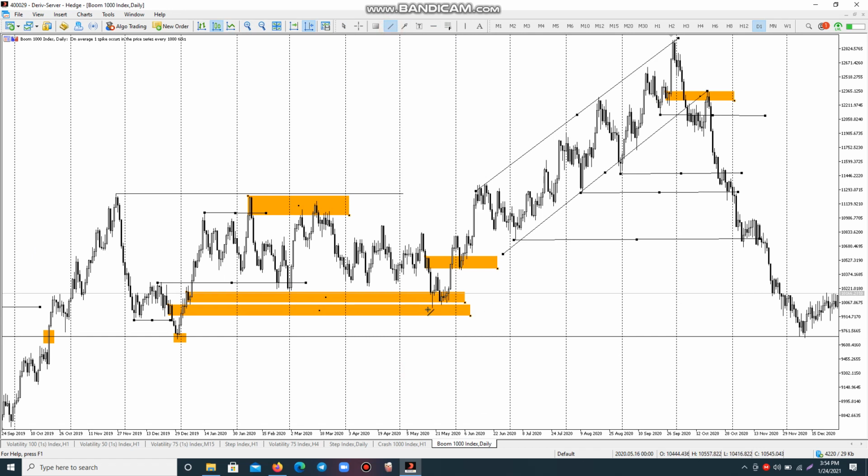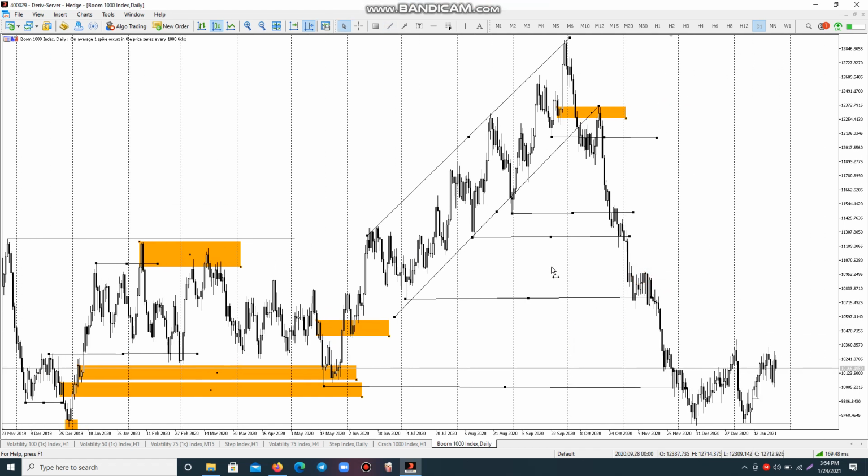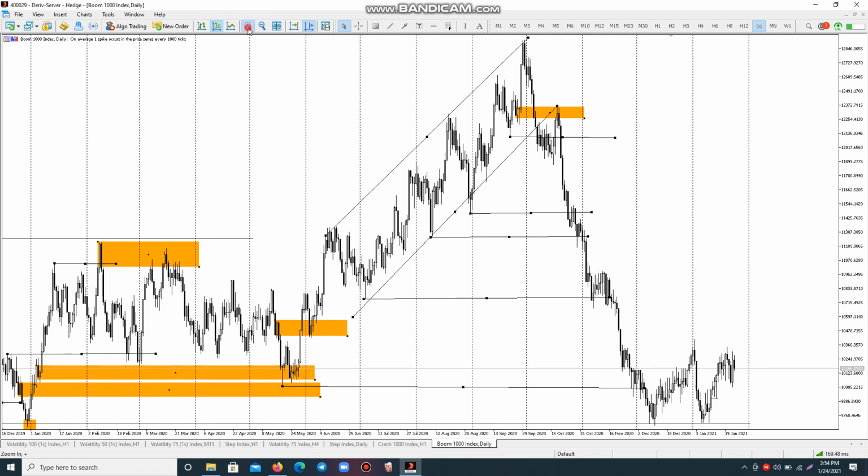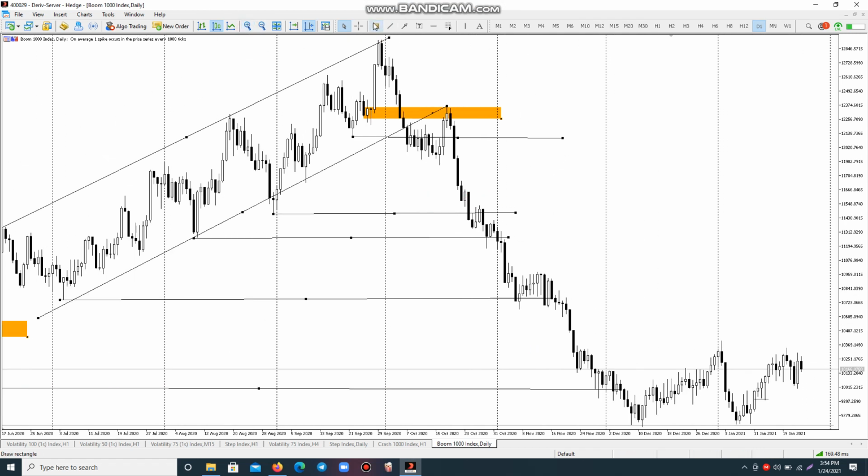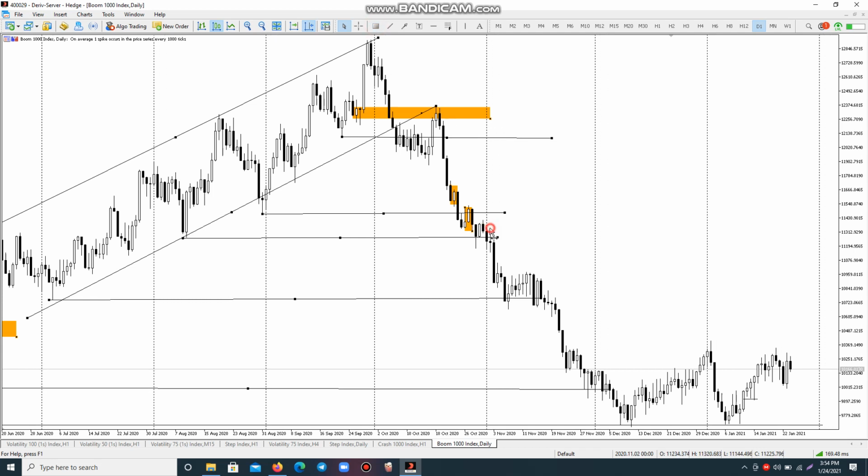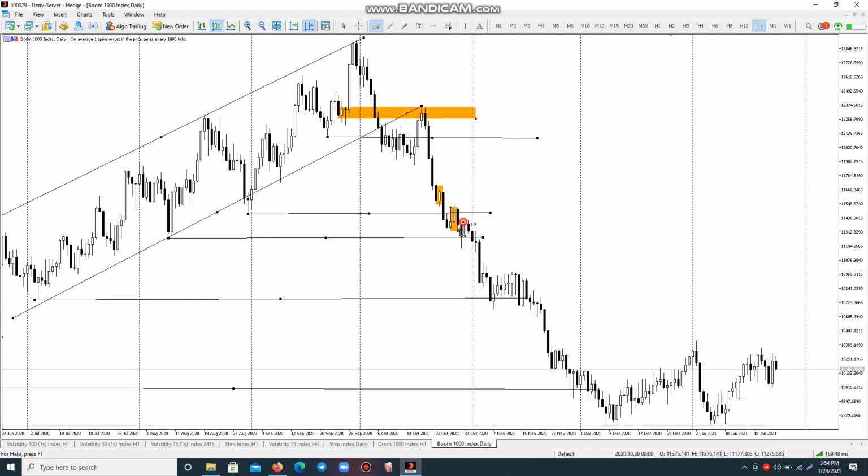This could be my last point where I'll look to come and take my profit when I'm selling from the top. But you see, people get confused now. Those people that are trading spikes, this movement here is nice for them to catch, this movement here is nice for them to catch, this one here, this one here.